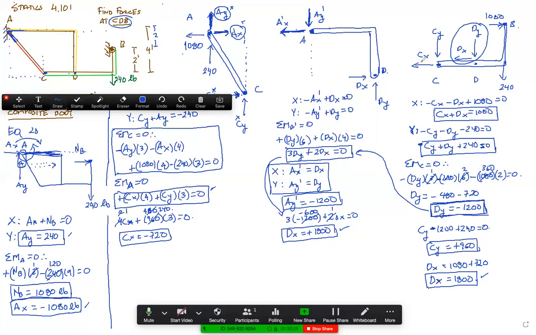So dy, I already have it. dx, I already have it. The 10, yeah, I have it. 240, got it. CY and CX, CY and CX. So I already finished the problem, because I already know whatever is happening over here. But I'm that ambitious. I don't have these guys, or do I have them?